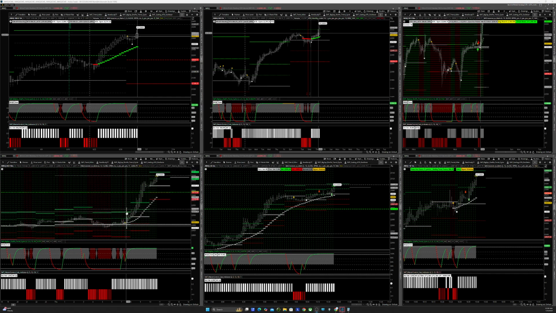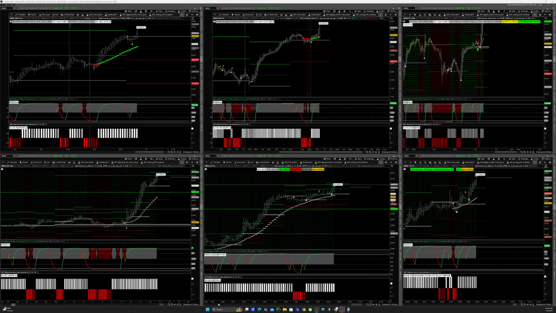Once you get that multi-time frame alignment on the lower time frames as well, so here we have it on the 10-minute here. Let me bring this in so you can see this here. Great, looks like my charts are freezing.